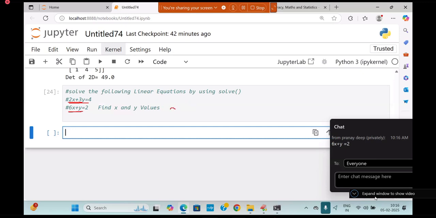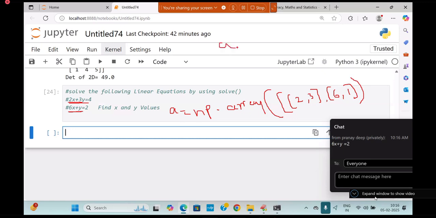A is equal to np dot array of, I will take it in this format. Here I am taking 2, 3, which is the first equation's coefficients of x and y. Second equation's coefficients of x and y: 6 comma 1.